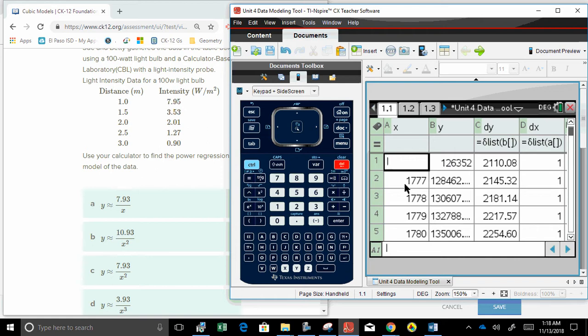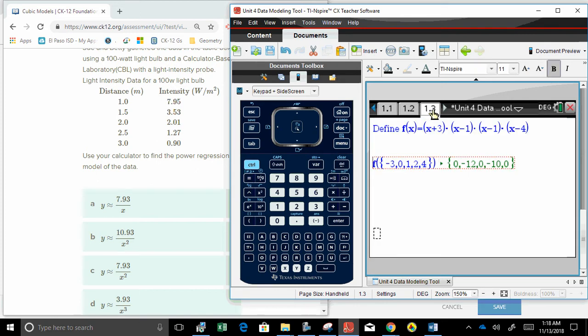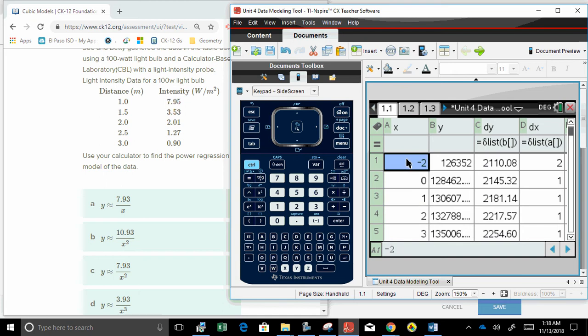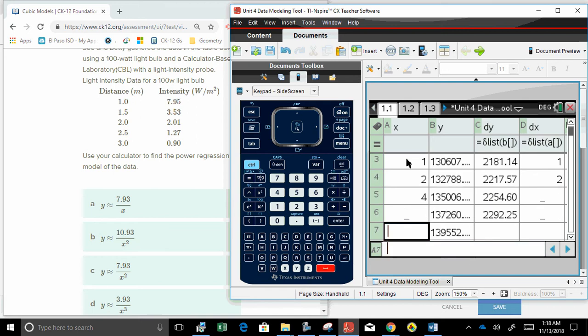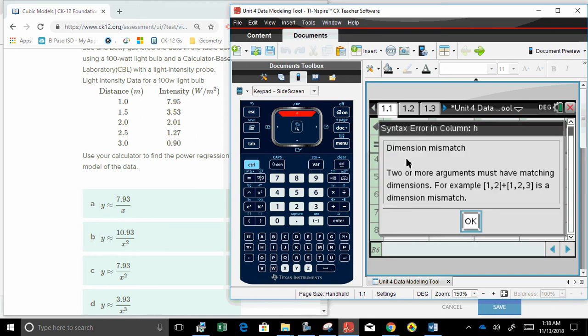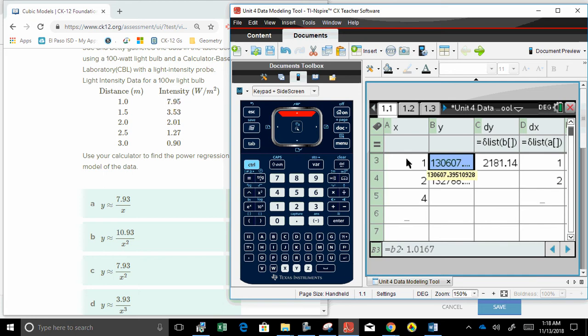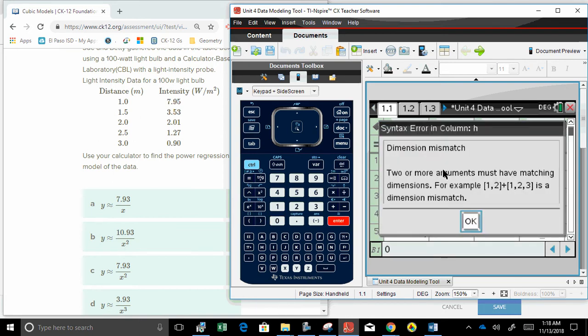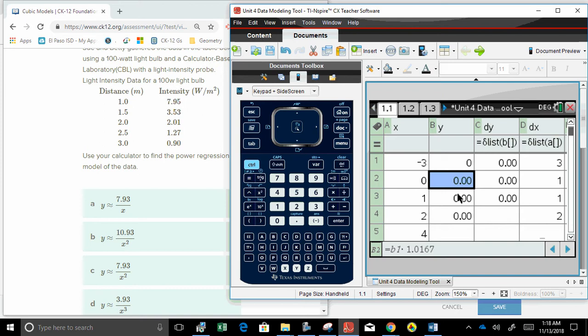The x's are negative 3, 0, 1, 2, 4. And the y's are supposed to be 0, 0, negative 12.